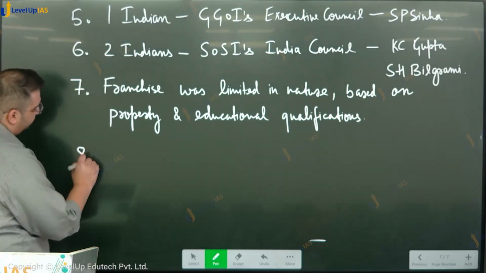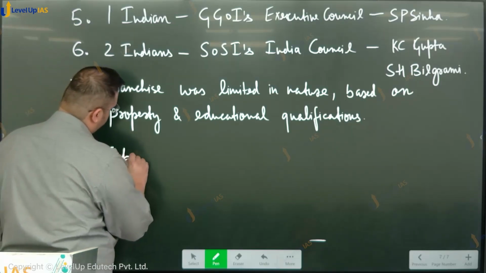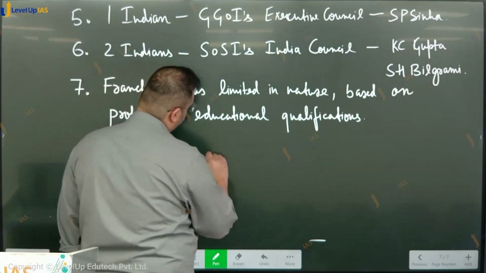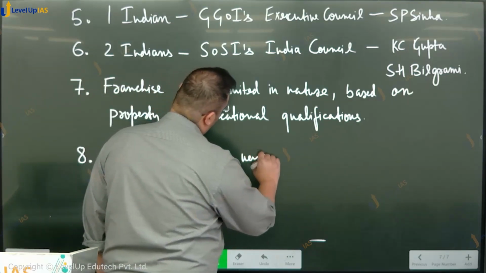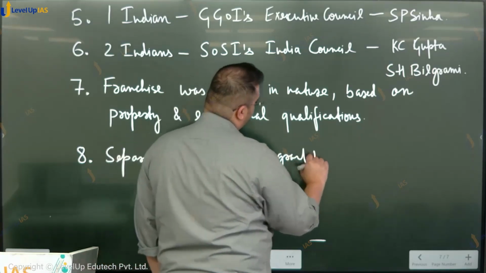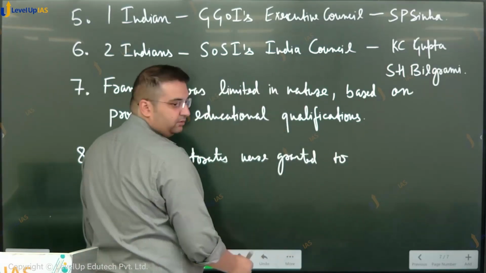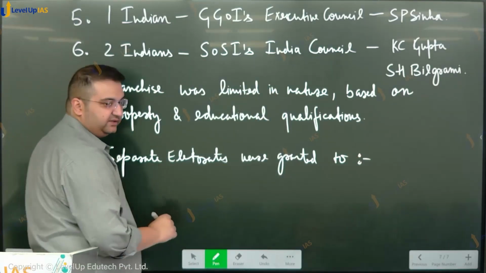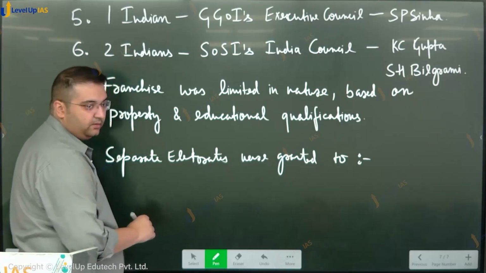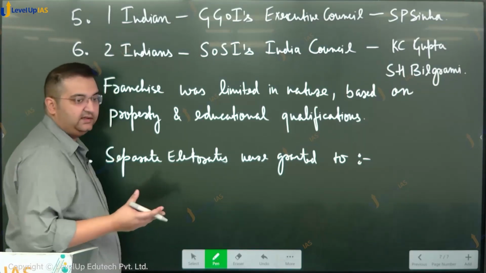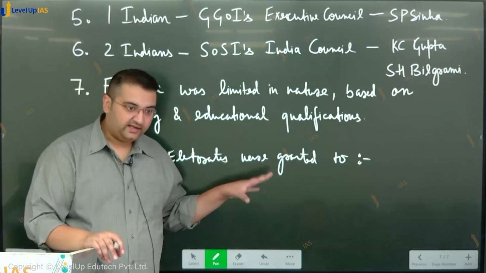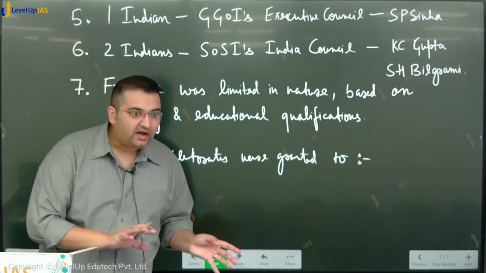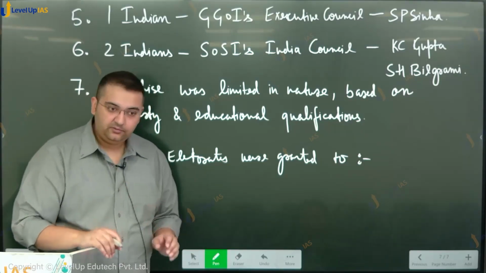एंड लास्टली राइट डाउन separate electorates were granted to कौन किसको? सेपरेट इलेक्टरेट सबसे पहले किसको दिए गए? मुस्लिम्स को। बट अपार्ट फ्रॉम दैट, अब देखो केवल मुस्लिम्स को देते तो द एजेंडा ऑफ द ब्रिटिश वुड हैव बीन क्लियर टू ऑल कि ये डिवाइड एंड रूल का पॉलिटिक्स करने की कोशिश कर रहे हैं। Therefore, some other groups were also grouped in with Muslims.